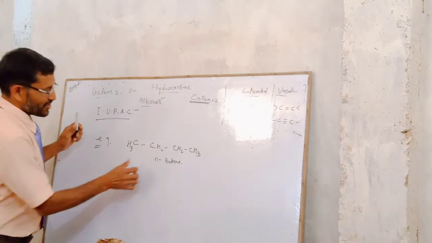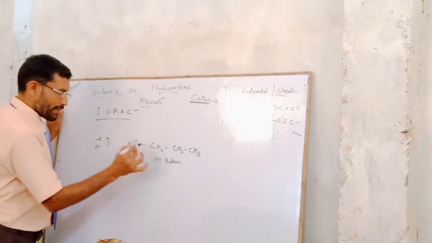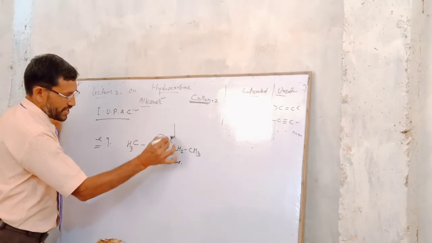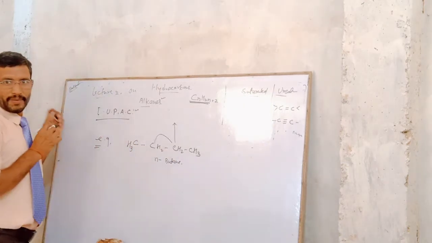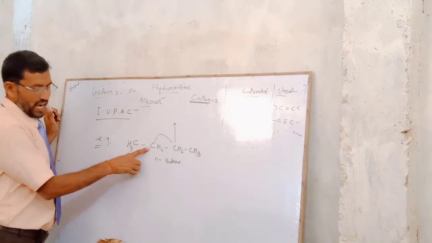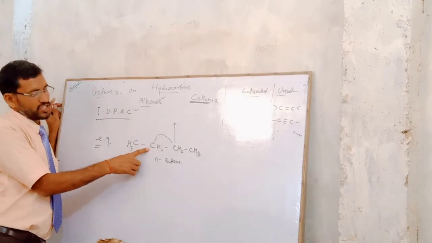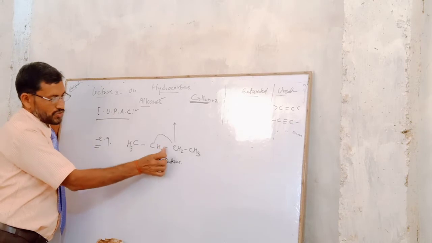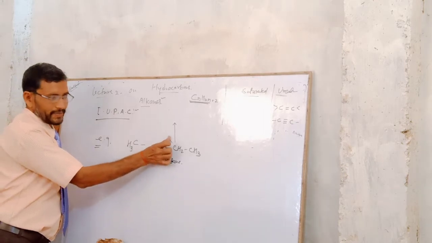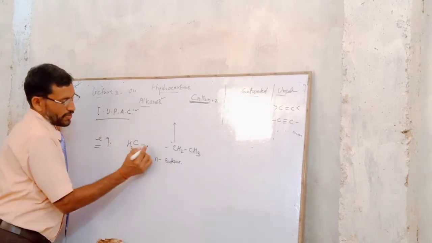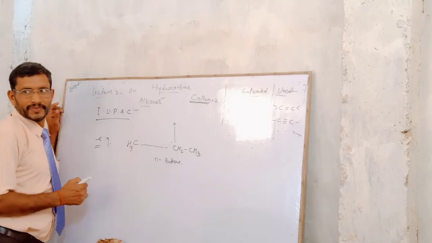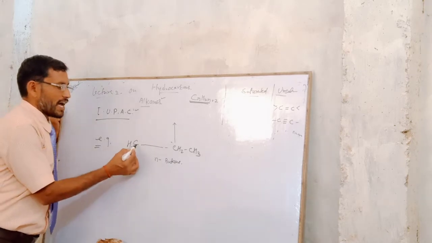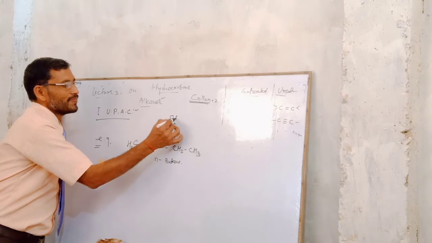If you have a carbon at the branch here, what I'm trying to say is that if this carbon is not here, it's going to be the branch. So suppose that here there is no carbon, here is only one bond. So the carbon number remains the same.